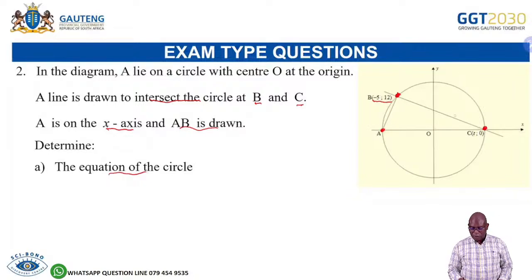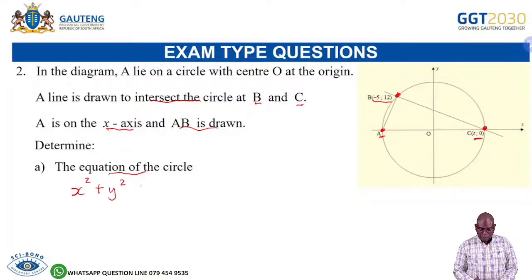With 3 points on the circle, I cannot use that, I don't know what t is. I cannot use that, I don't know the x value. I know the y value, but I don't know the x value. So how do I get the equation of the circle in this case? I'll say x squared plus y squared equals r squared.